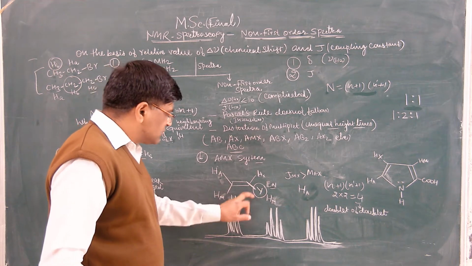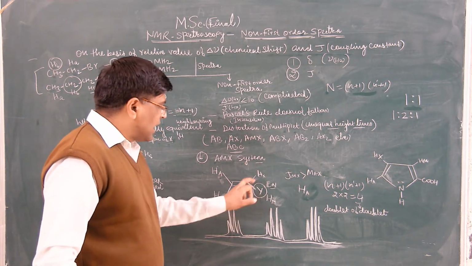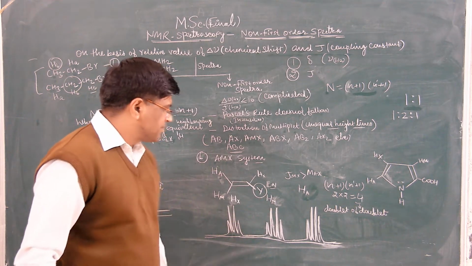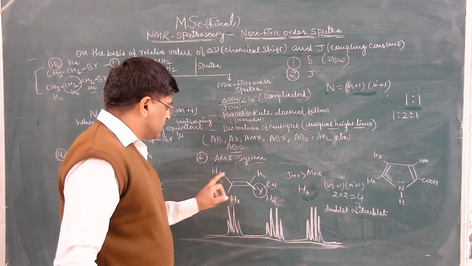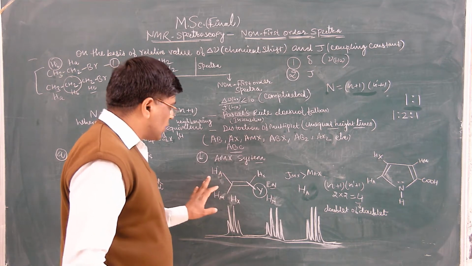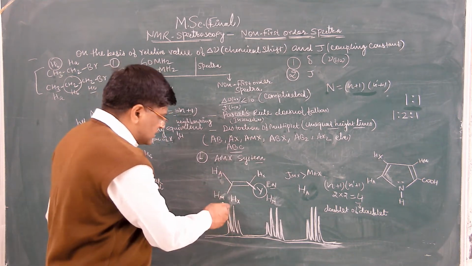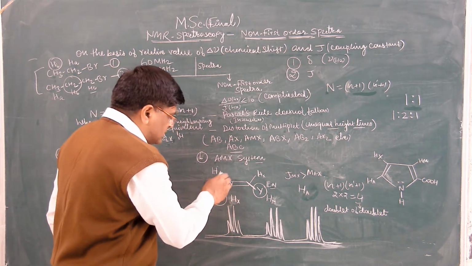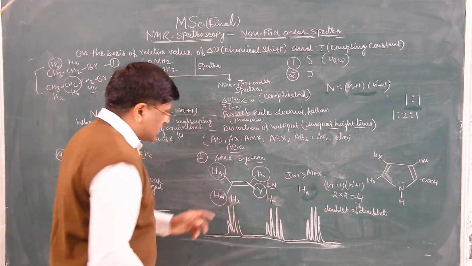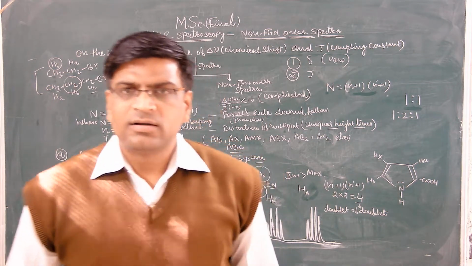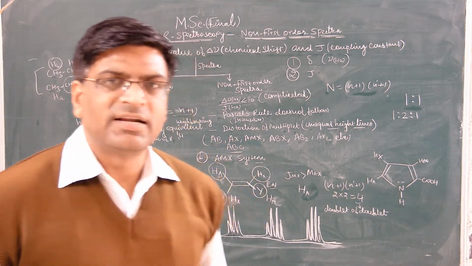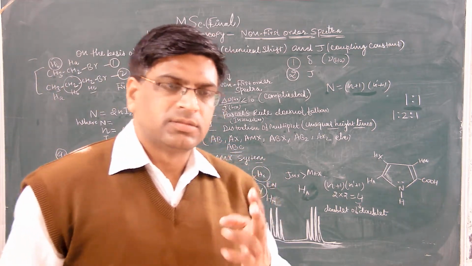Here, this Y is a highly electronegative atom. These three protons are non-equivalent because the chemical environments of all three protons are not equivalent, so we get three peaks.